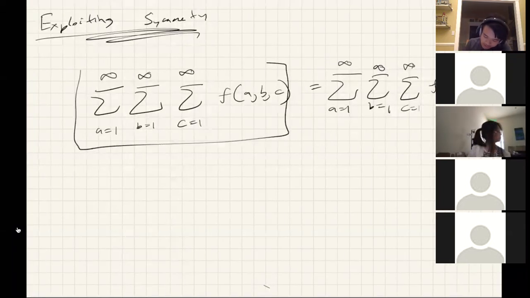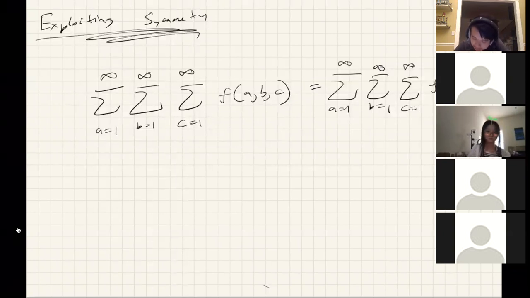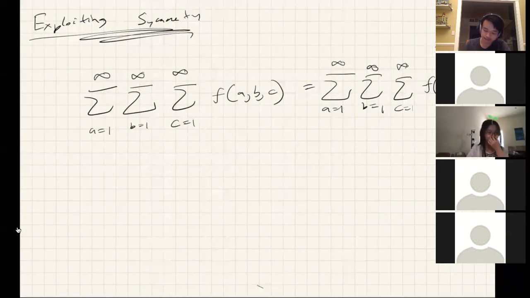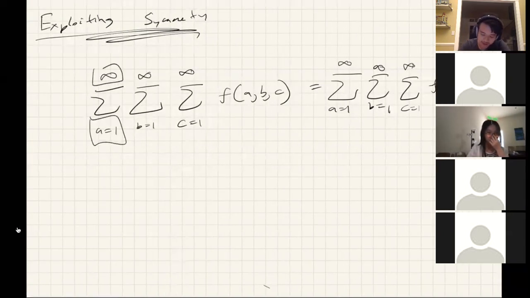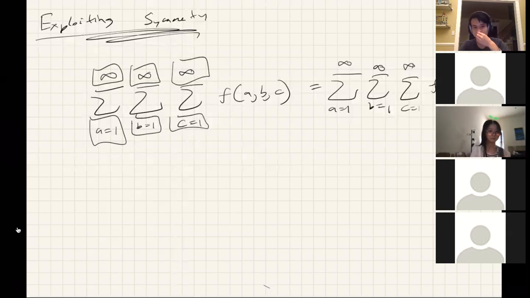Suppose you have a function like f of a, b, c, then you can switch the order of these variables around as long as they're each being summed over the same set of numbers, right?